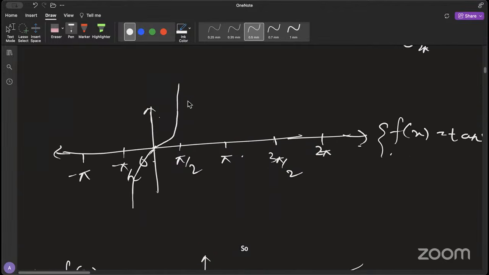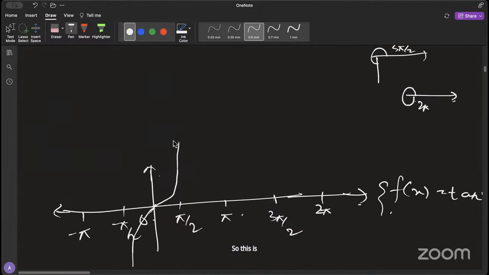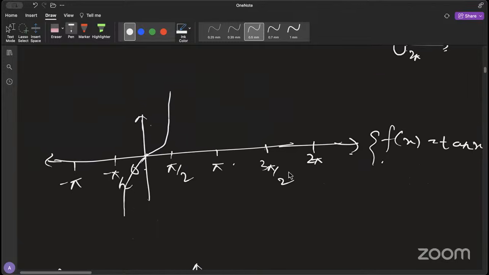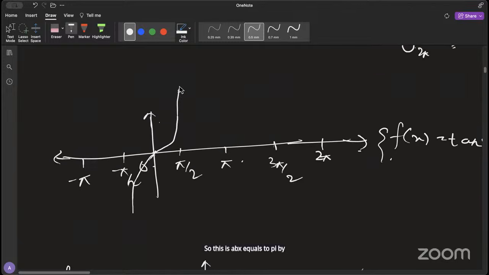So this is tan x. At x equals pi by 2, your function goes to infinity, so your graph looks like this. And at minus pi by 2, it's here, and on the other side, it's going to minus infinity.